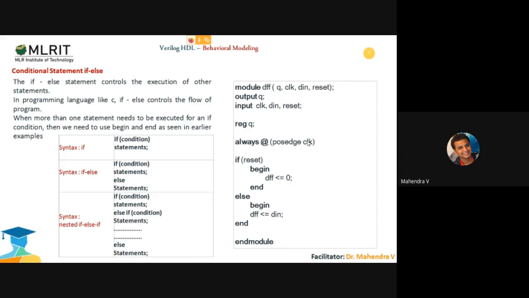Okay. And then if reset is 1, here simply if I write reset, that indicates if that is 1, 0 is assigned to Q. If reset is 1, the D flip-flop will be reset to 0. Else, if reset is 0, then the D flip-flop output. Sorry, here a small modification I have done.